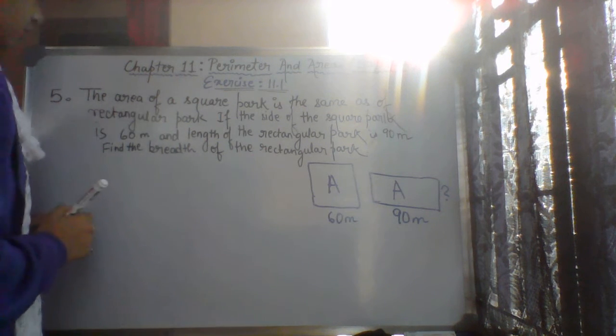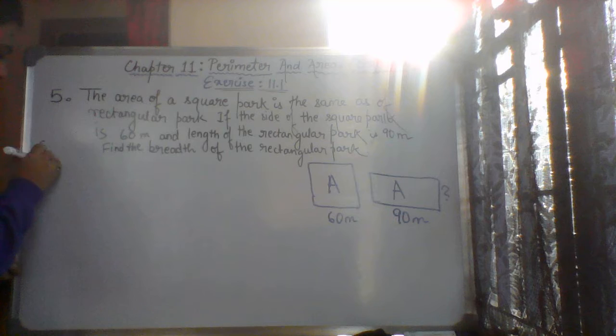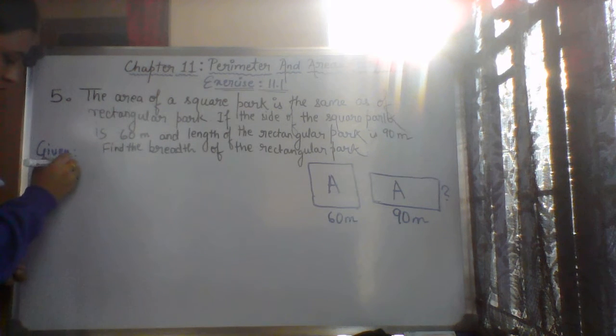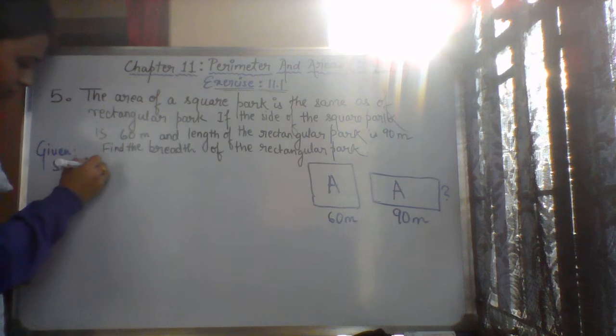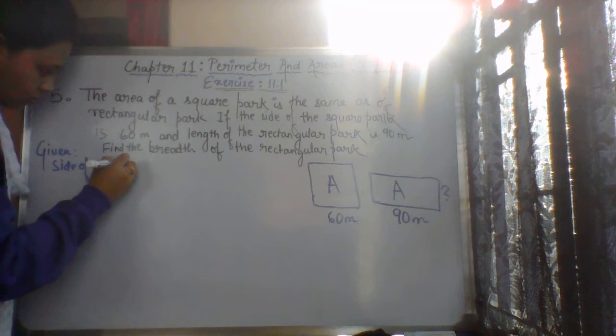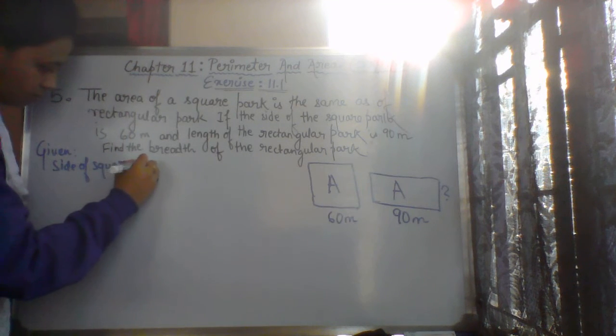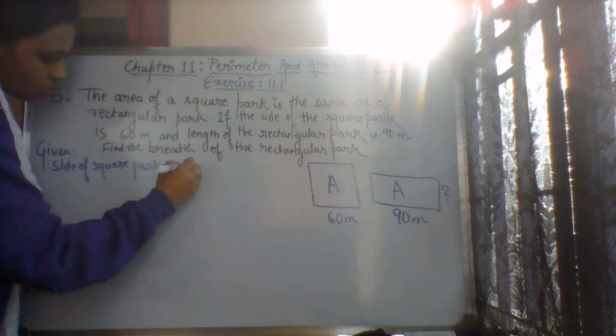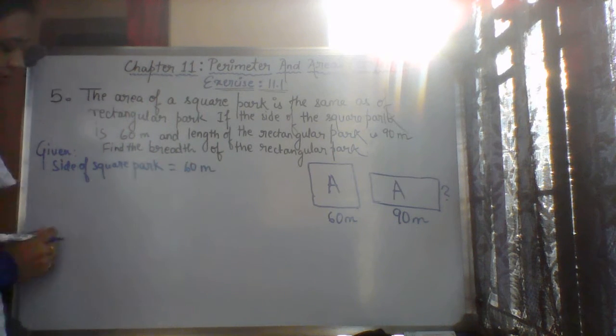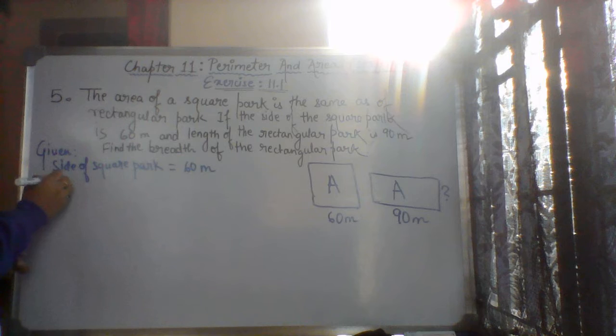So first of all, you can write the given. Side of square park equals 60 meter, and length of rectangular park is also given.